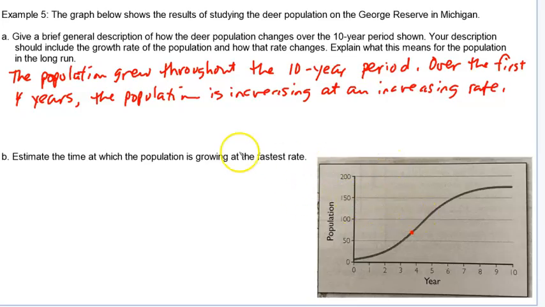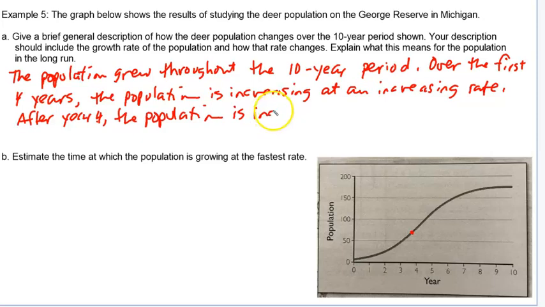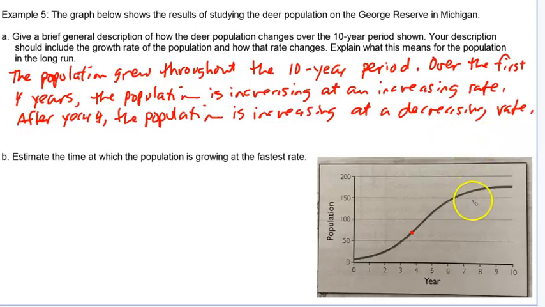So after year 4, the population is still increasing, but at a decreasing rate. Sorry, my writing is sloppy. And then as we get to the end, as we're approaching year 10, the graph flattens.